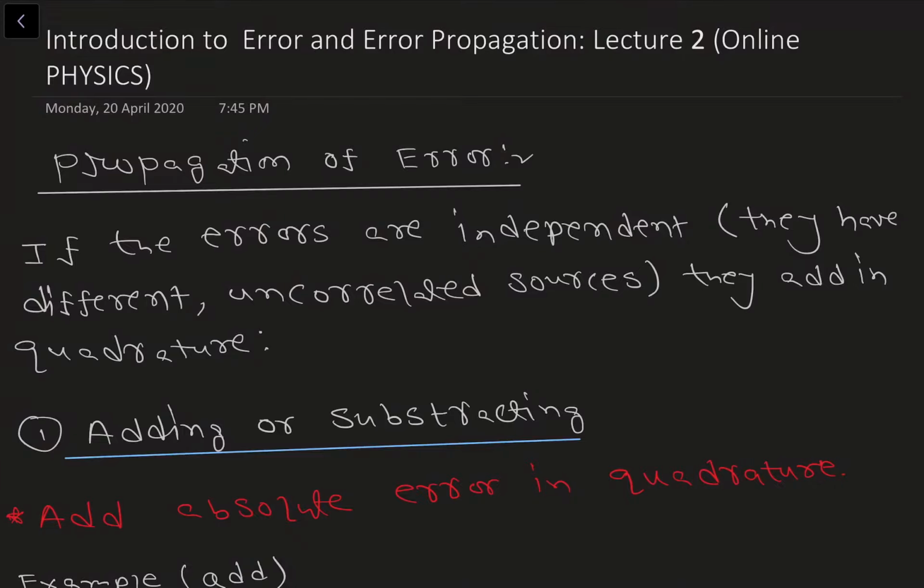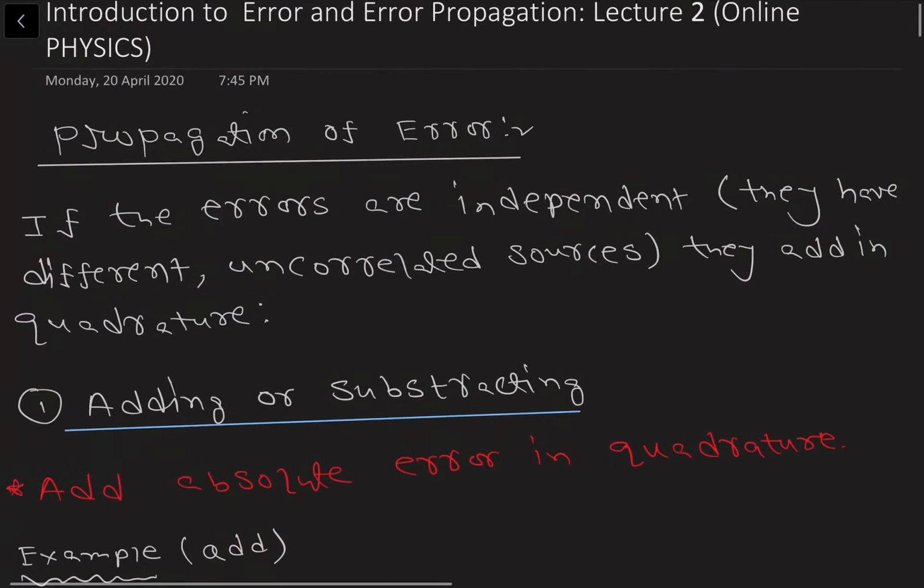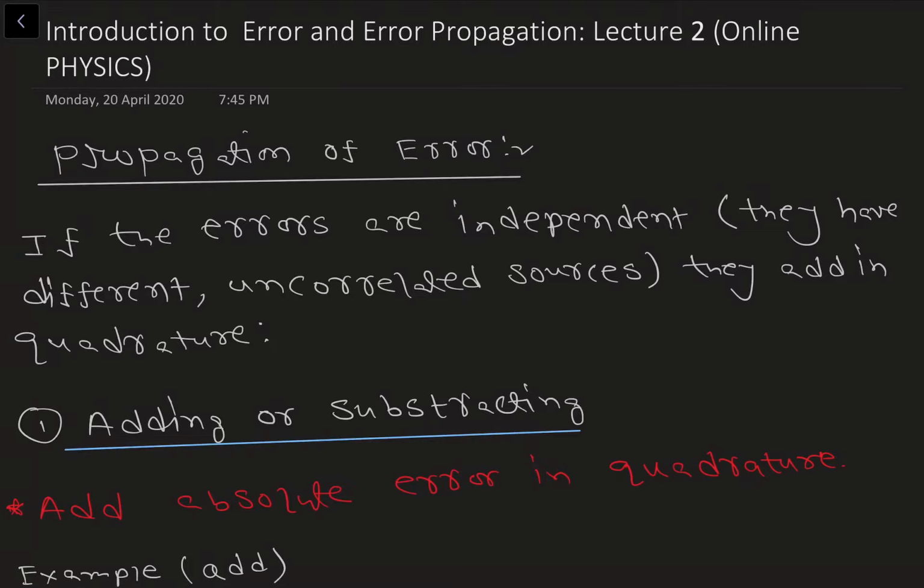Now you want to calculate the velocity. You also know the uncertainties in your measurements, in your distance as well as in your time. Now you want to calculate the velocity, and what is the error in your calculated velocity.